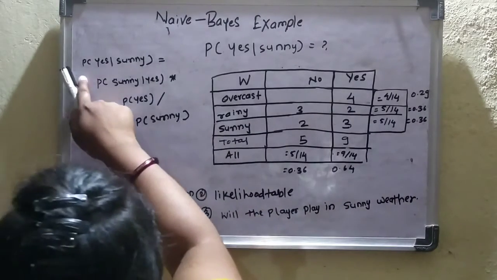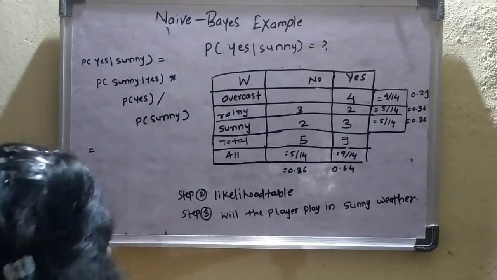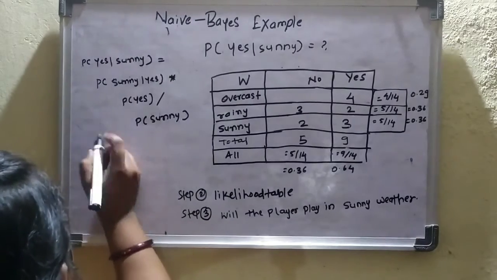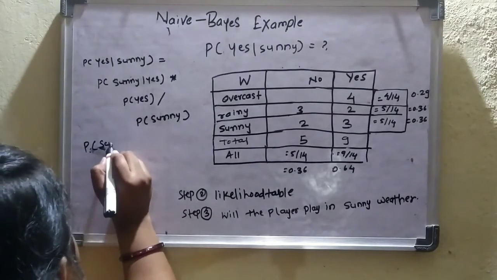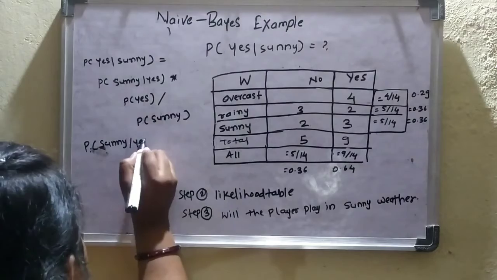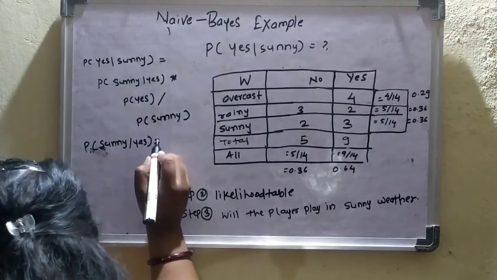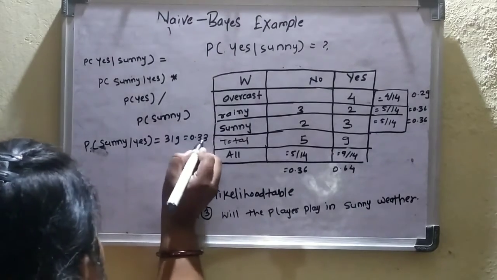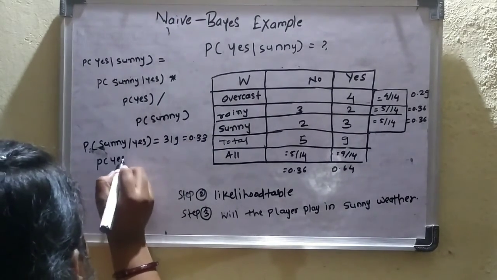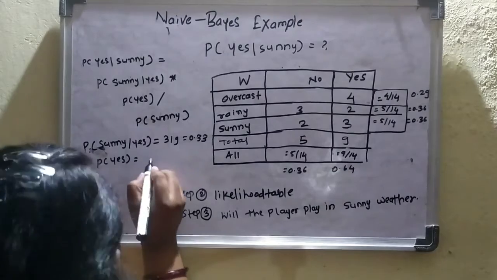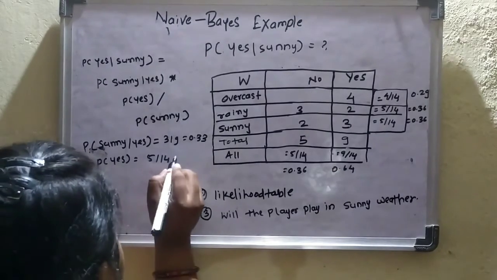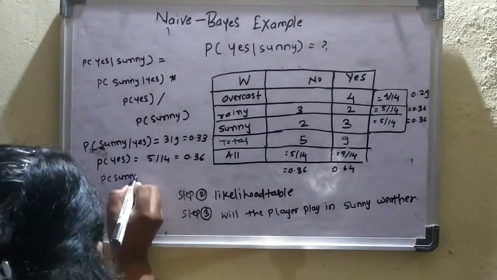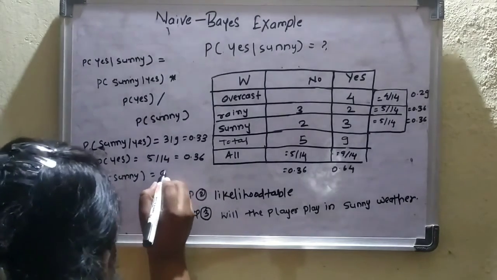So easily we can calculate the probability of yes given Sunny. We have the probability of Sunny given yes equal to 3 by 9, which is equal to 0.33. The probability of yes is equal to 9 by 14, which is equal to 0.64, and the probability of Sunny is equal to 5 by 14, which is equal to 0.36.